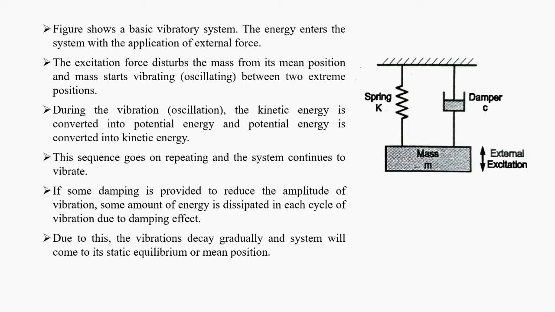So if damping is provided, then we can use a damper element having damping coefficient C. Using these three basic elements, spring, mass or inertia and damper, we can build a mathematical model of any physical system.